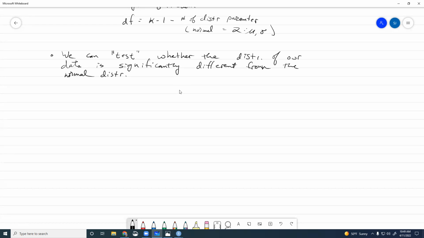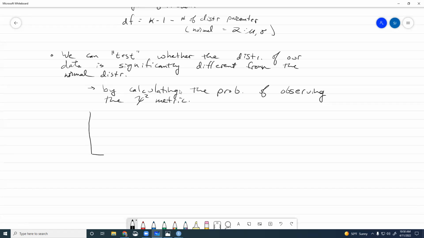And the way we test this is we calculate the probability of observing the chi-squared value or chi-squared metric, just like a z-score.